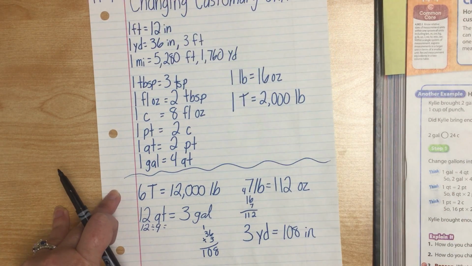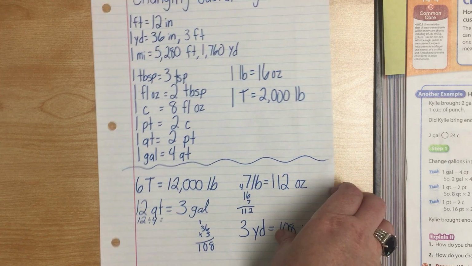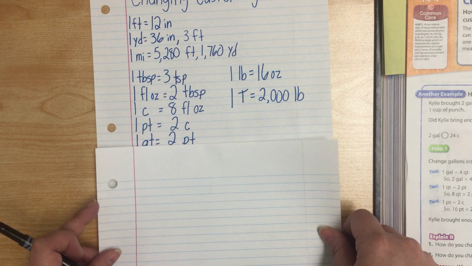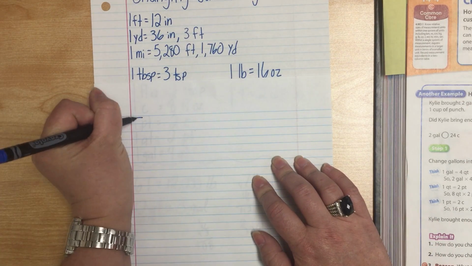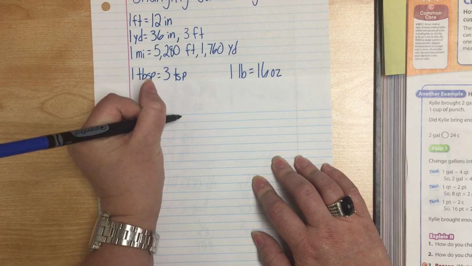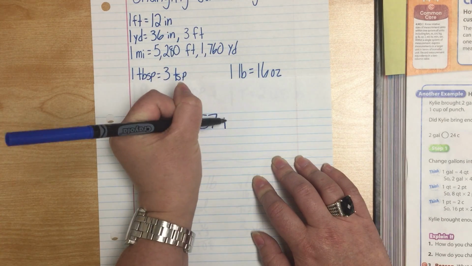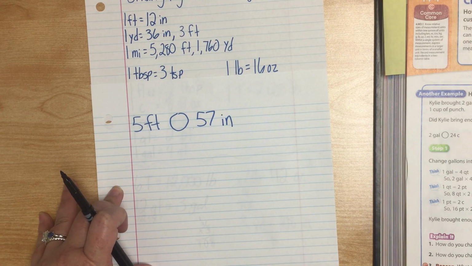Okay? The next part that you're going to have to do is comparing. That's when we're doing the greater than, less than, or equal to. So if I've got 5 feet and I'm comparing that to 57 inches, what do I have to do to figure out which one is more? 5 times 12.